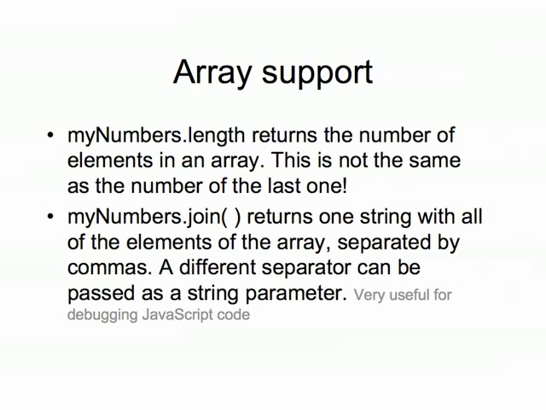JavaScript is often quite difficult to debug because more likely than not you're not working with an advanced debugging tool. You just have the notepad in front of you and you open it up in a browser and it'll work or not work. So if you're working with arrays, that's particularly troublesome. However, this join method is very handy because it means you can output to the screen the entire contents of an array and see what it looks like.